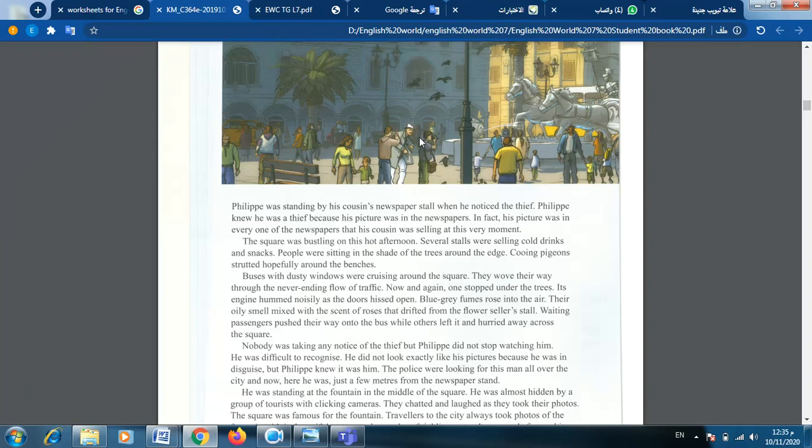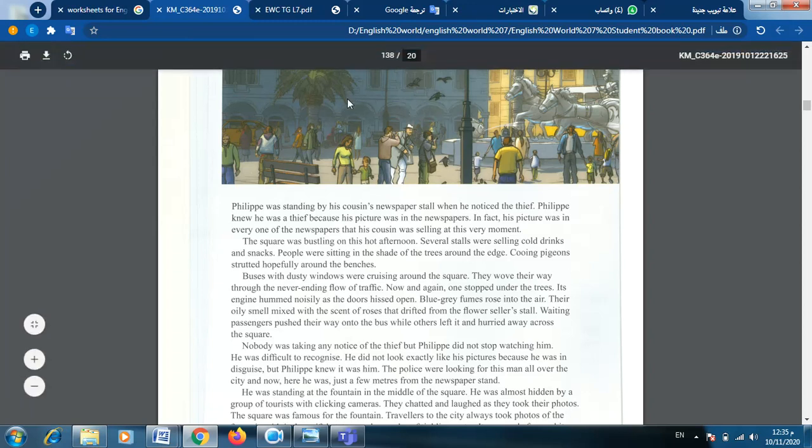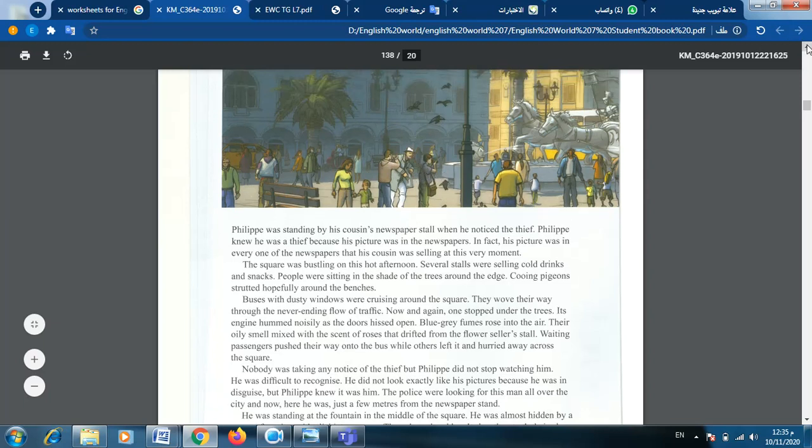Okay, and then how did he know he was a thief? He saw his picture in the newspaper. Okay, his cousin. A cousin means the child of your uncle or aunt. His cousin was selling newspapers here in this square, so he saw his picture and he knew that he was a thief.